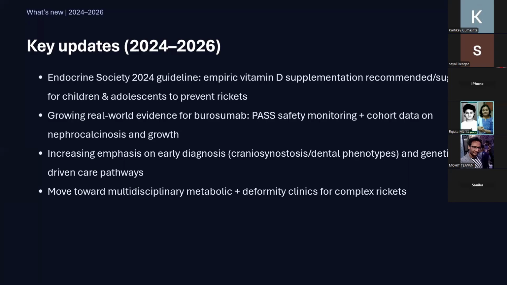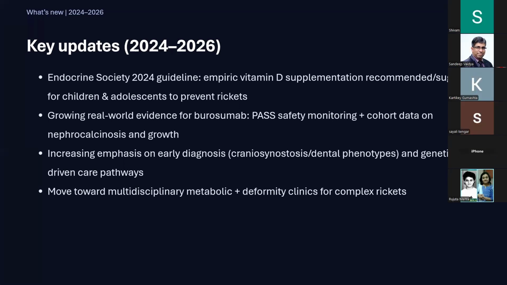Now, recent key updates on rickets. According to the Endocrine Society 2024, empiric vitamin D supplementation is recommended for children and adolescents to prevent rickets. There is growing evidence for the use of burosumab, the monoclonal antibody, and it passes safety monitoring plus cohort data on nephrocalcinosis and growth.